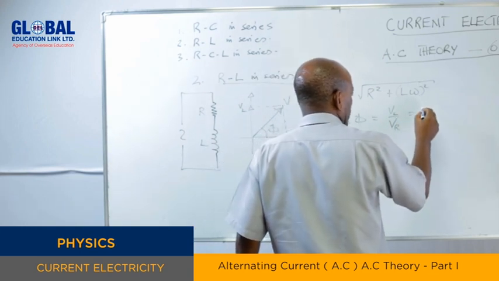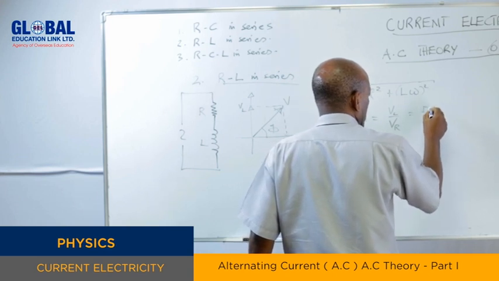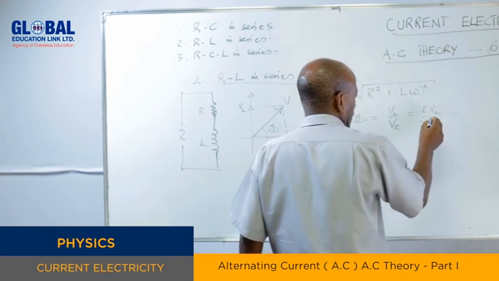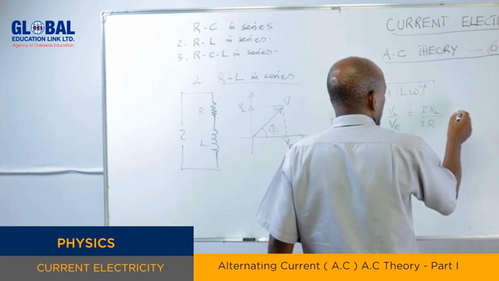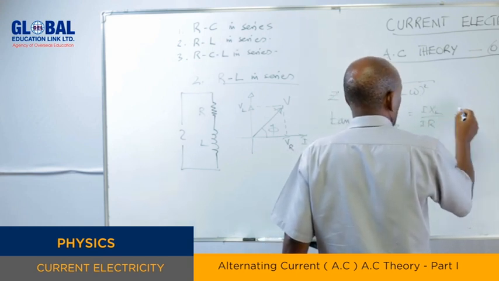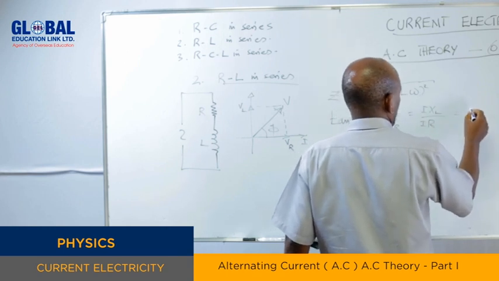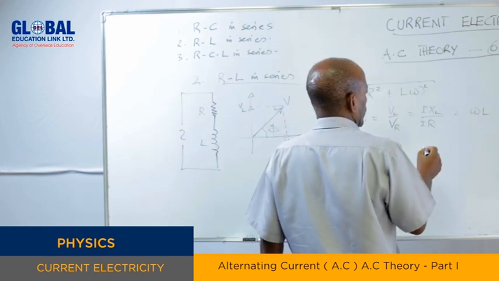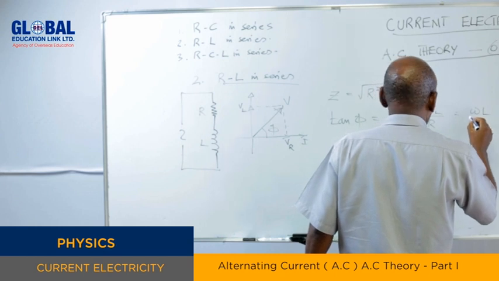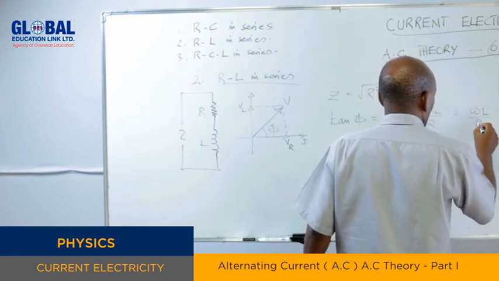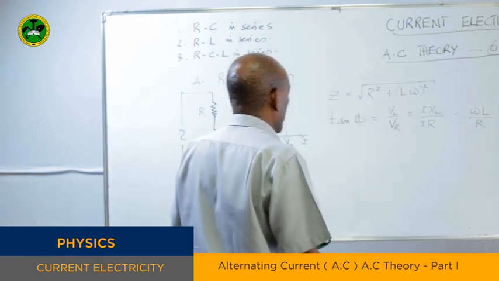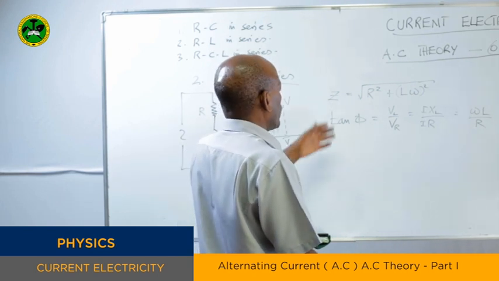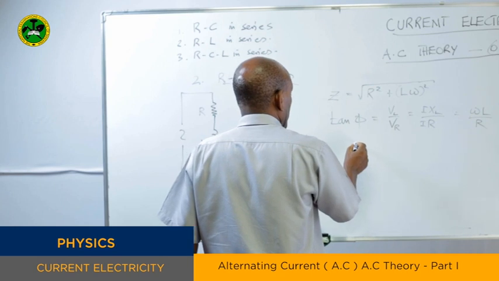For an inductor this is equal to I times the inductive reactance, and for the resistor this is equal to I times R. The inductive reactance is equal to omega L. So we'll get omega L over R, and you can determine the angle theta.